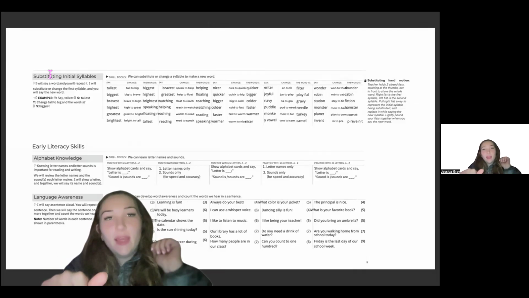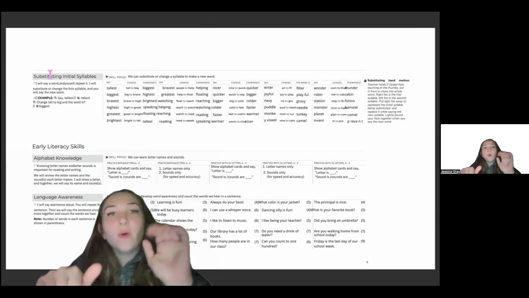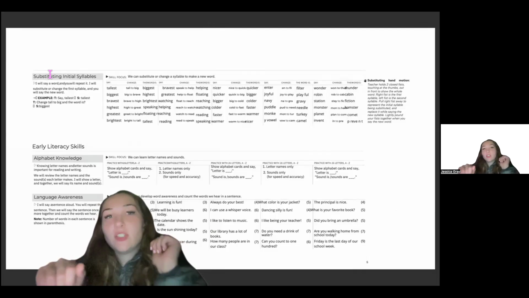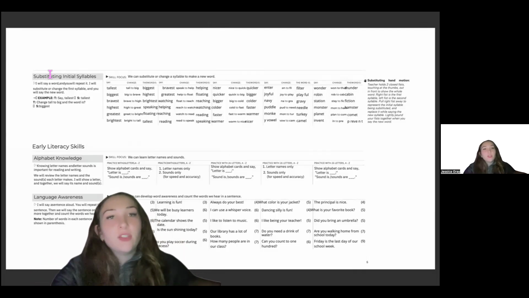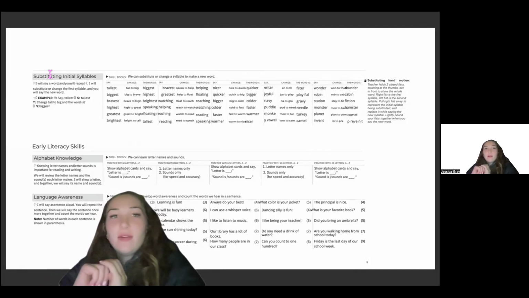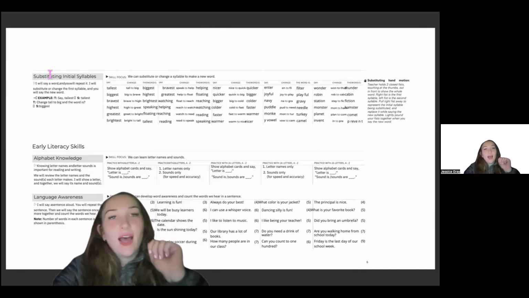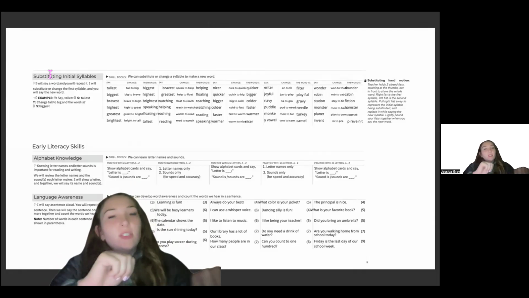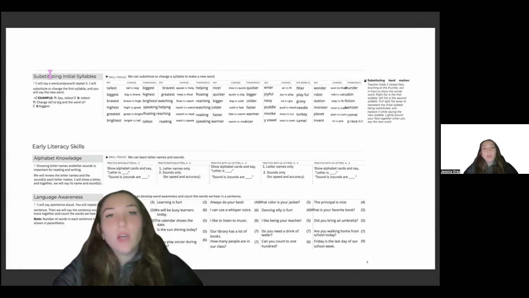Biggest, change big to high, highest. Then we say bravest, change brave to bright, brightest. Sorry, these are a bit mixed up. Yep, these are kind of backwards. So I'd say brightest, change bright to tall, tallest.